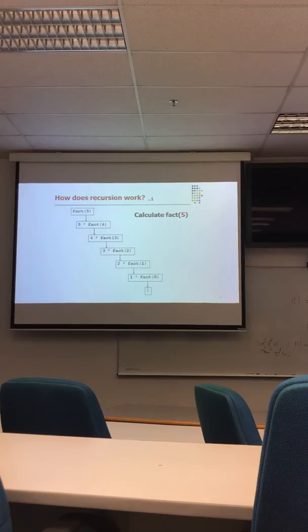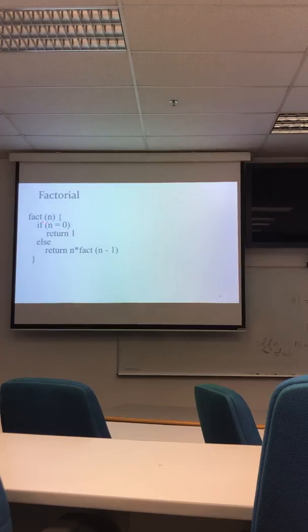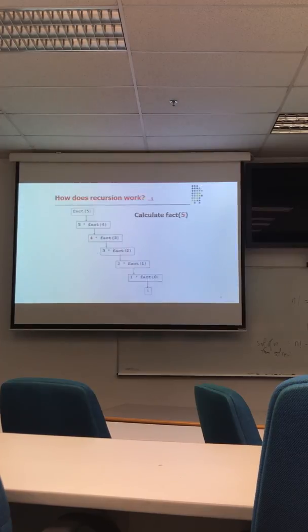Then factorial 1 will substitute into the algorithm. When factorial 1 comes here, n will be substituted with 1. So you won't execute this part because 1 is not 0. The result will be 1 times factorial 1 minus 1, which means 1 times factorial 0, right? So you will activate factorial 0.